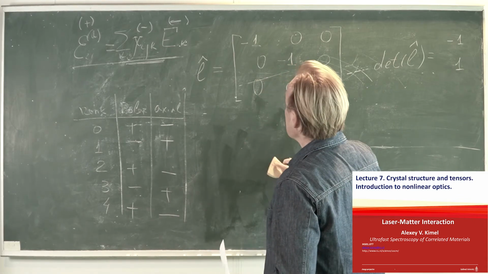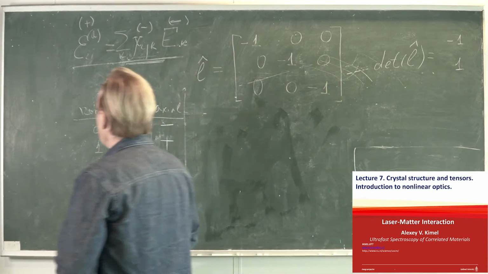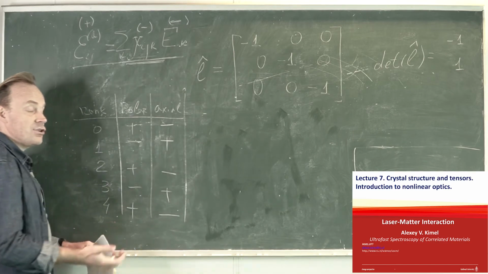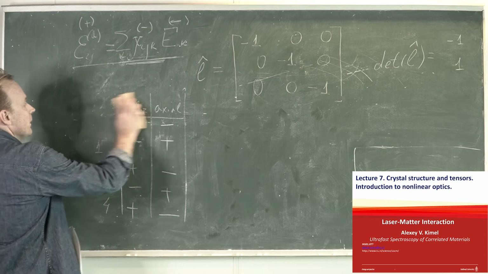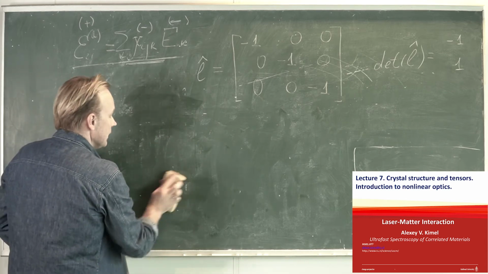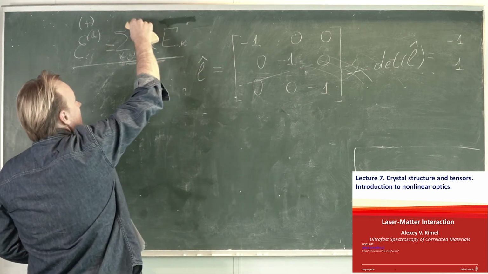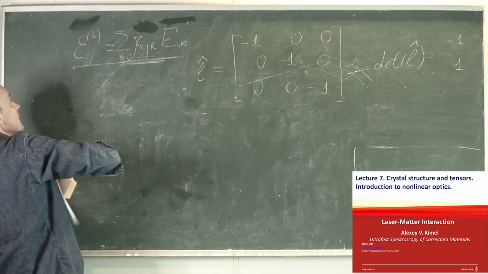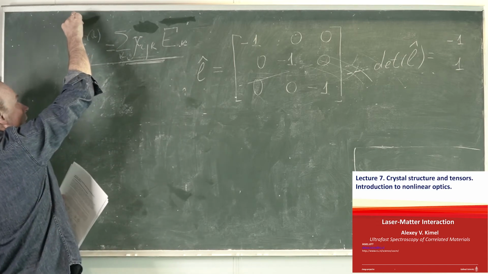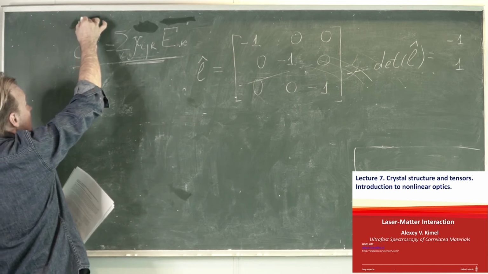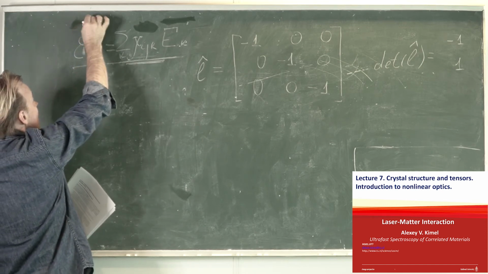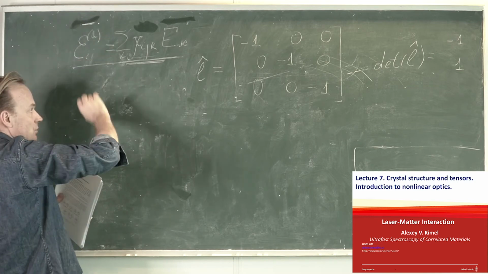Also, similarly, last lecture I tried to apply the operation of time reversal, and again, if you apply the operation of time reversal and do a very similar trick, you understand that the antisymmetric part of the dielectric permittivity is defined such that its components change sign upon time reversal.